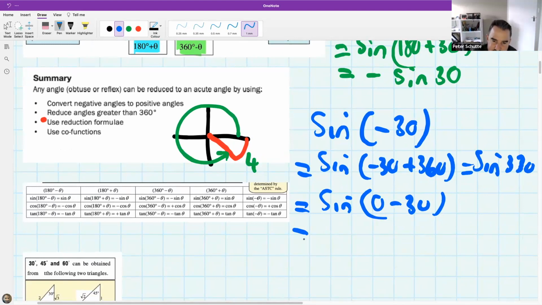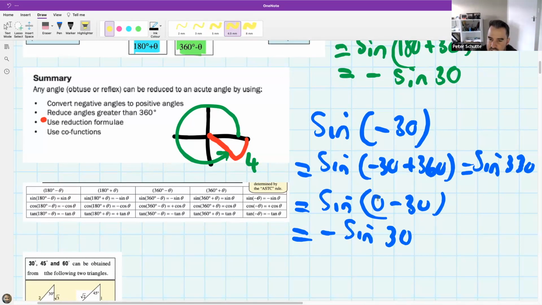Now, if sine is in quadrant 4, is it going to be positive or negative? Okay, so it's going to be minus, and then we'd say minus sine 30.